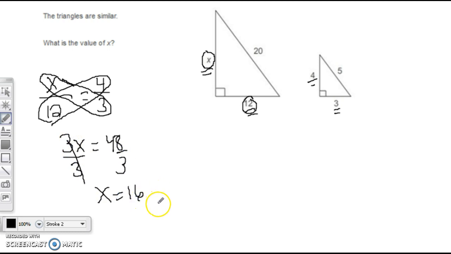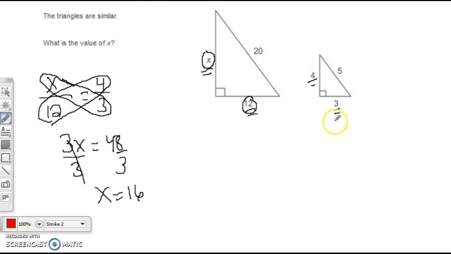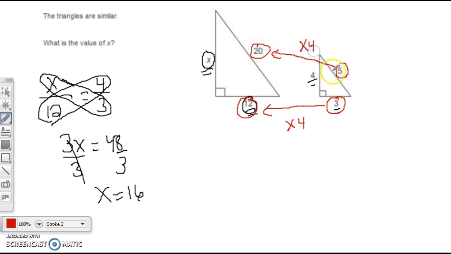Now you could have noticed, or a lot of you probably noticed, that you could have also used scale factor here. Think about this. To get from 3 to 12, we're multiplying by 4. Now we need to make sure that works for all the sides, but if we check 5, to get from 5 to 20, again, we're multiplying by 4.